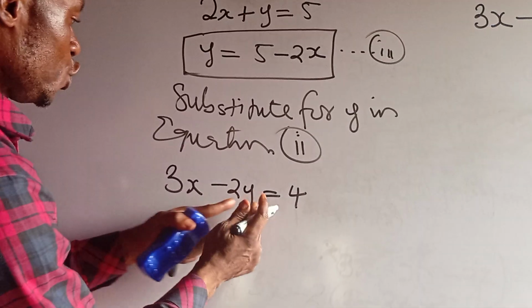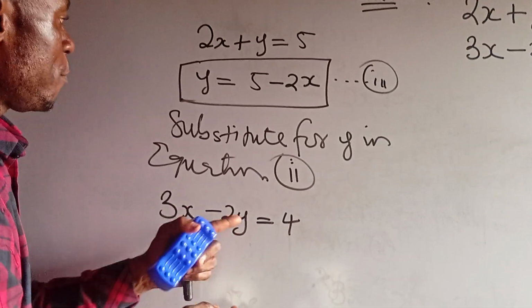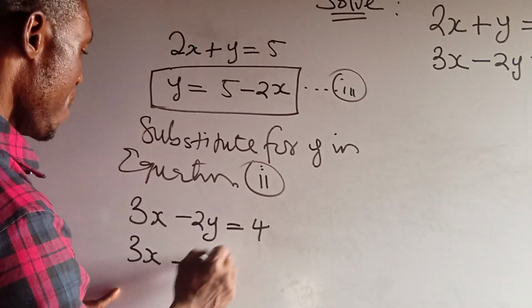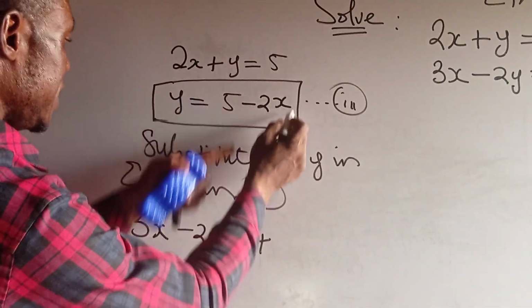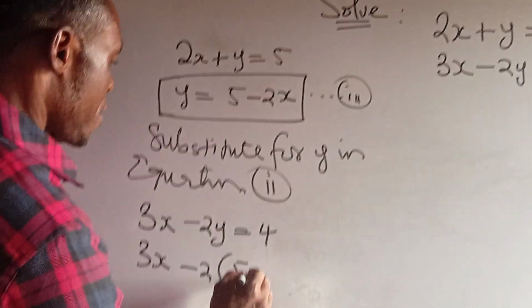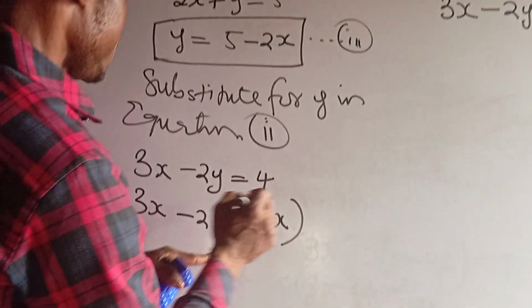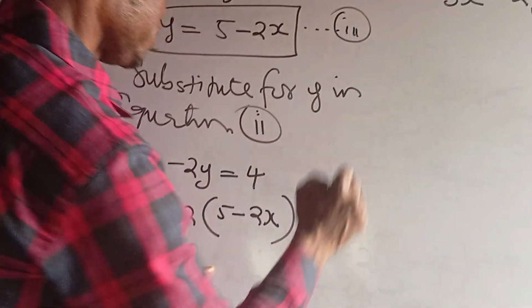Therefore, substitute for y: remove y and put this value there. It becomes 3x minus 2 bracket. We will now put all these things there. We have 5 minus 2x, bracket closes. We now have equal to 4.